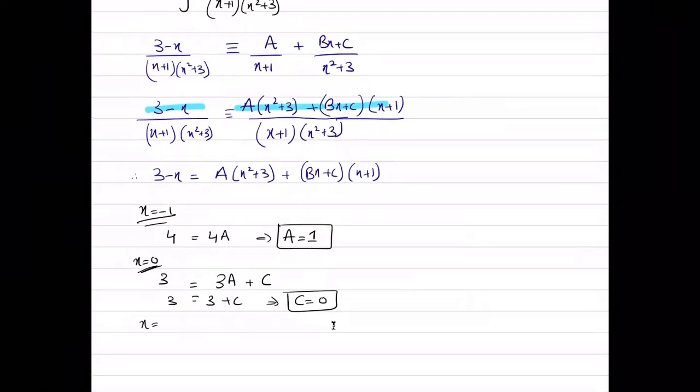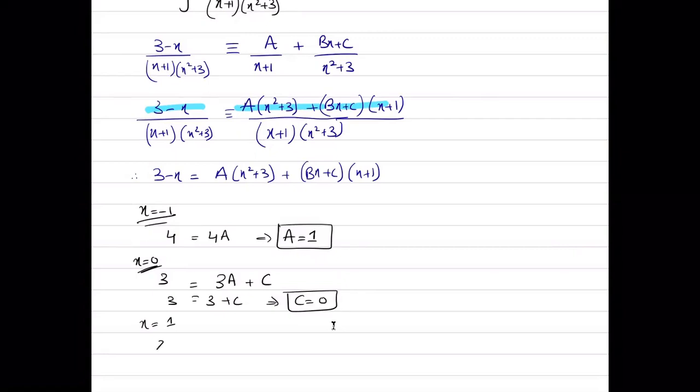And once you know A and C, for finding B, I can plug in any value. You can take the simplest value you want, that is 1.